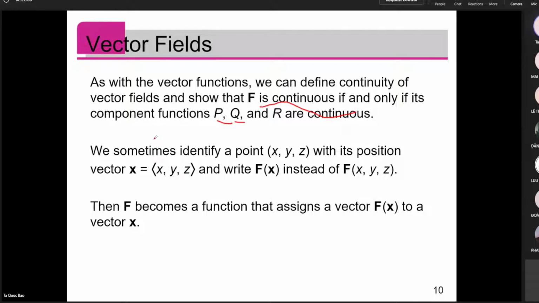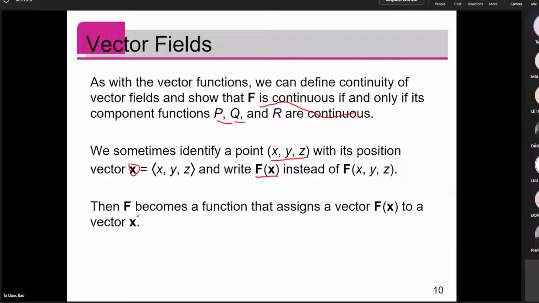We sometimes identify the point (x, y, z) with the position vector x. So the bold x denotes the vector with the coordinates x, y, z, and we write bold F(x) instead of the vector field F(x, y, z).